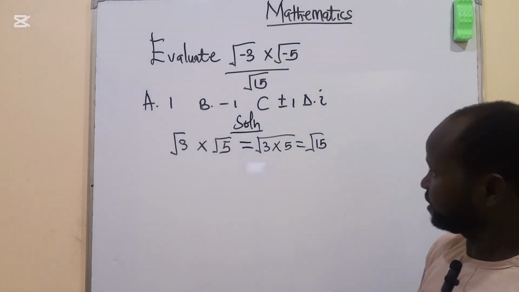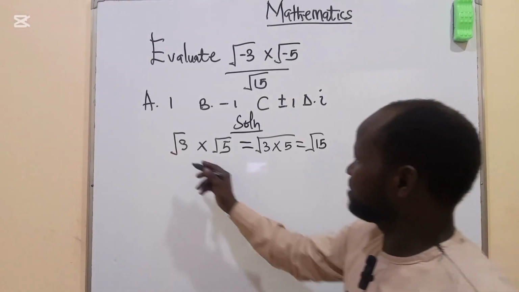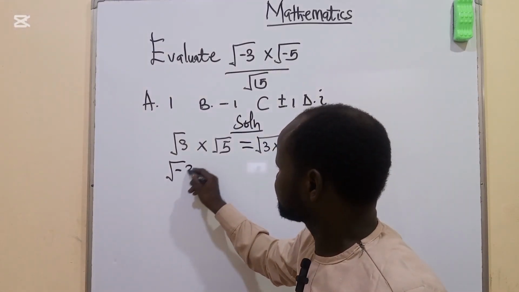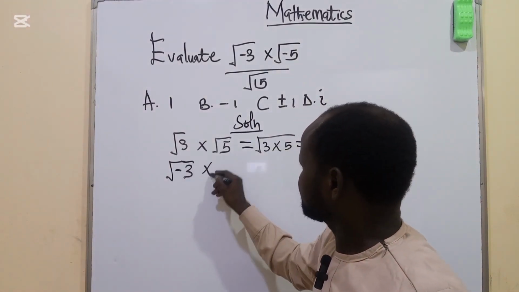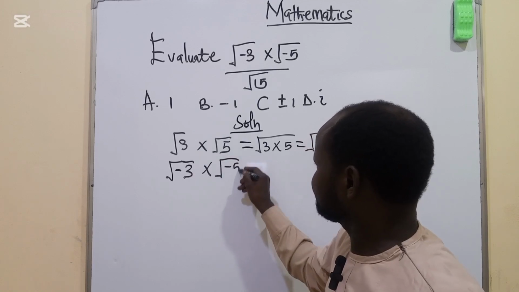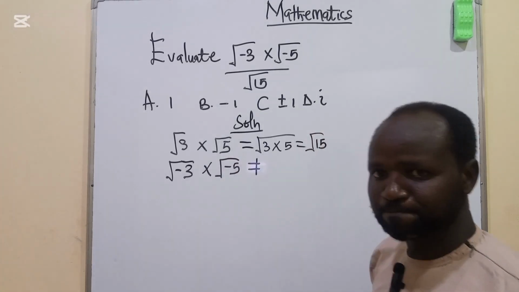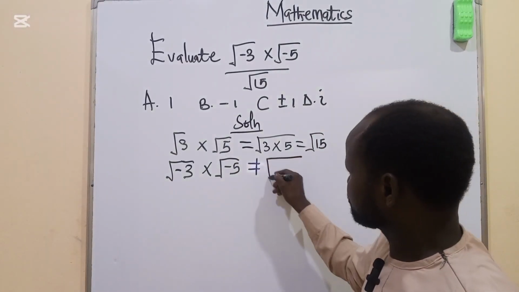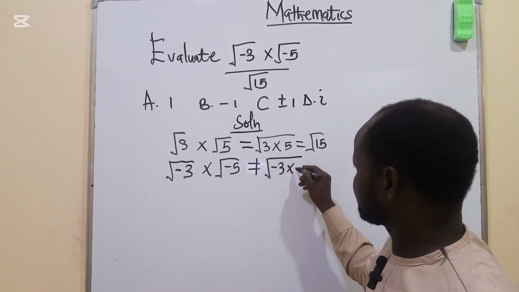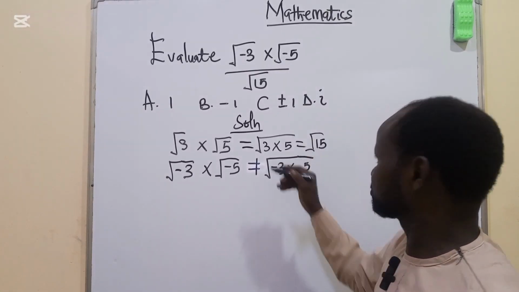Very important, okay? But if we have root minus 3 times root minus 5, it is not the same as the square root of minus 3 times minus 5. They are not the same.